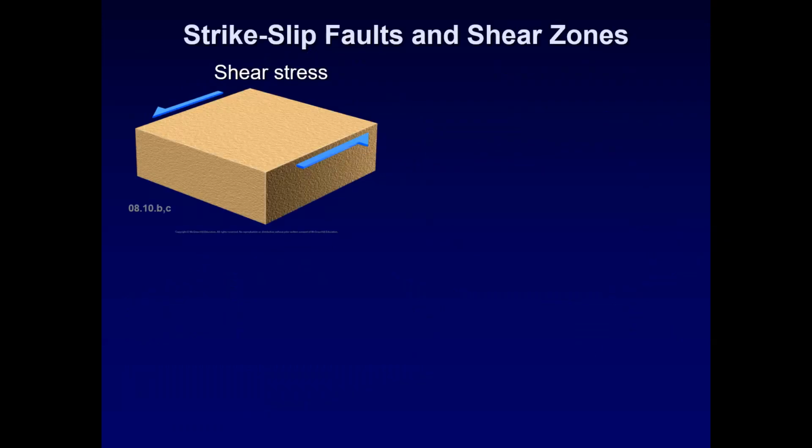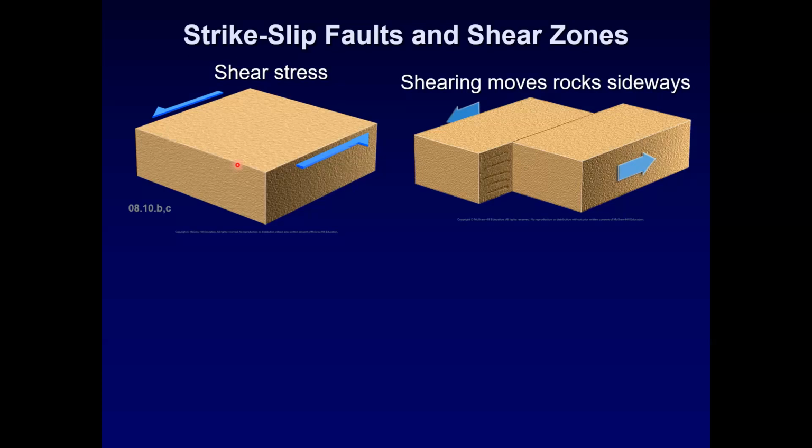All right. Strike slip faults and shear zones. We have shear stress applied. Horizontal shear stress acts to shear the two sides of a block in opposite directions, and then shearing moves rocks horizontally past one another, or sideways.